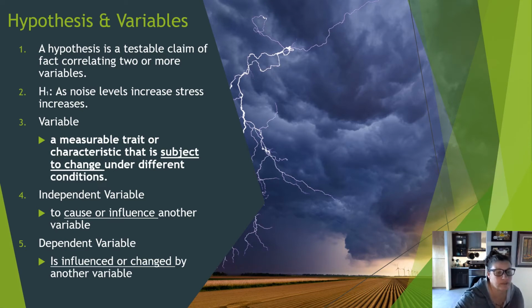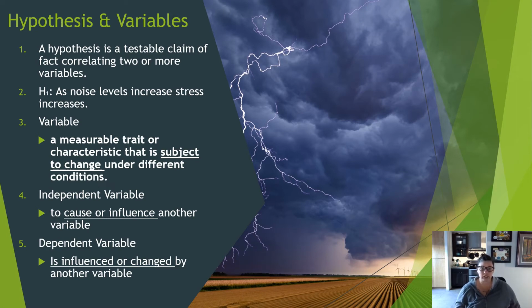So what's a variable? Any measurable trait or characteristic that can change. IQ, noise, what we were saying before, religiosity, familialism, age, health. All of these are traits that are variable, so that makes them variables, right?